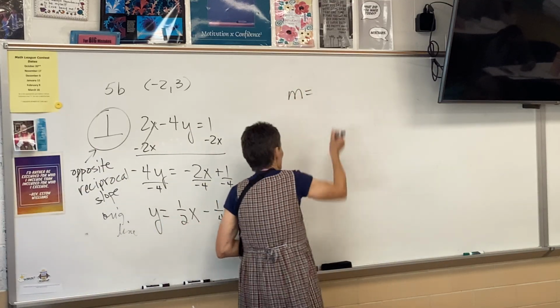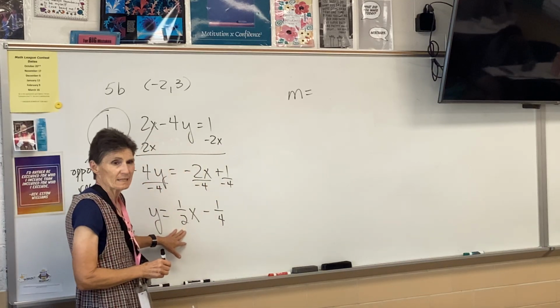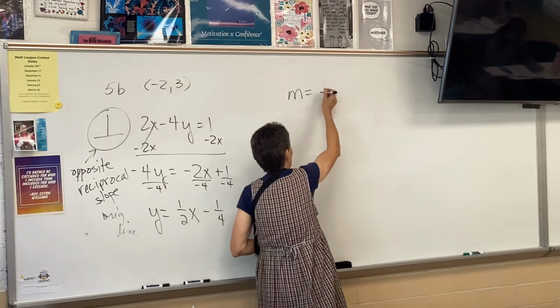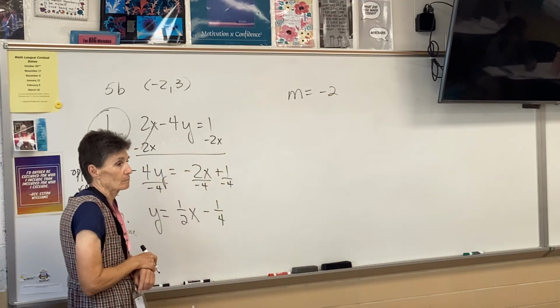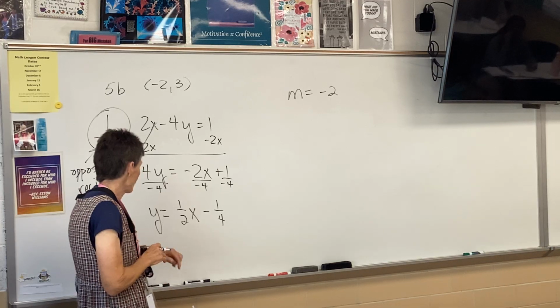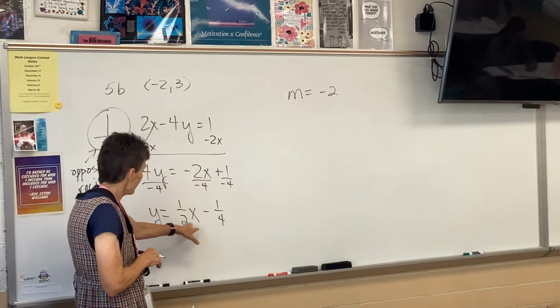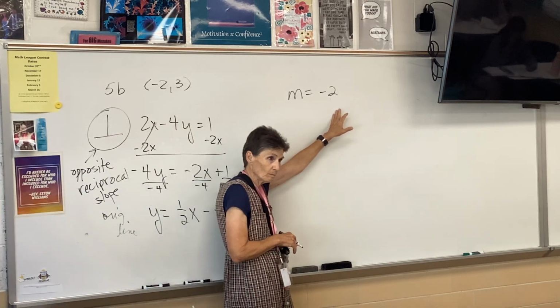If we flip it, we get 2/1. If we make it negative, we get -2 over 1, which is -2. The original line had slope 1/2, so the slope I want is -2.